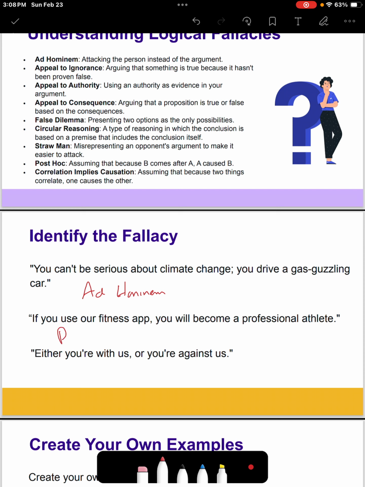I think it's either going to be post hoc, meaning assuming that because B comes after A, A causes B. I think that could be one thing. Another possibility, I think, could be correlation implies causation, maybe. I think either one of those would probably be a valid answer that you could defend.